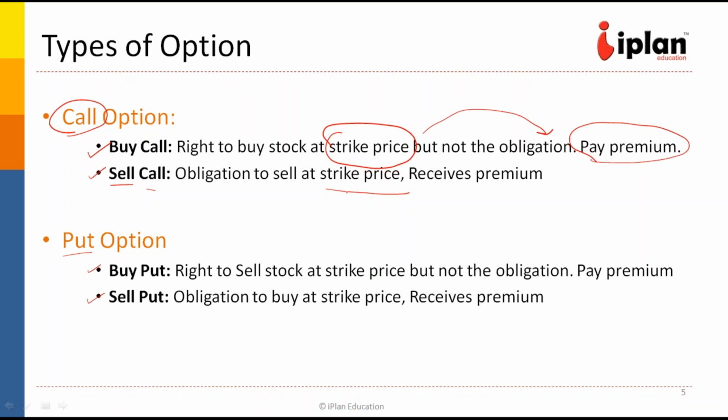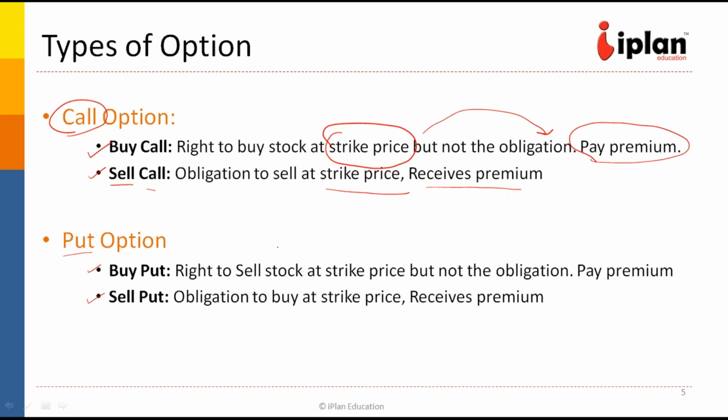The seller of the contract must deliver the underlying asset if the option buyer exercises the right to buy. For taking that obligation, he receives the premium. So the seller has the obligation, he has no right. If the price goes up, the buyer will come to buy. If the price goes down, the buyer will not come. The seller may face losses, and for that risk, the seller receives the premium.